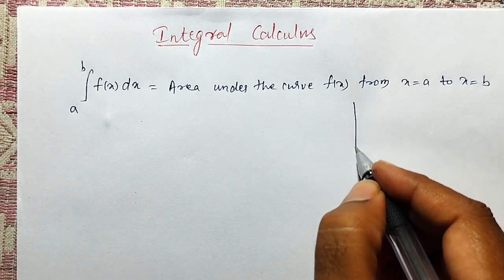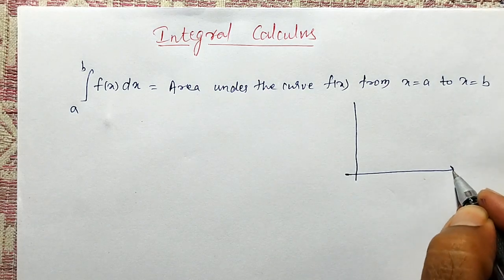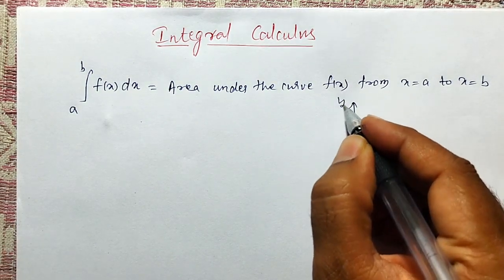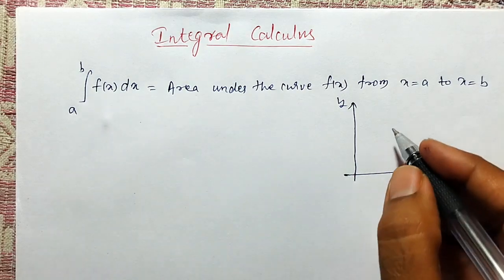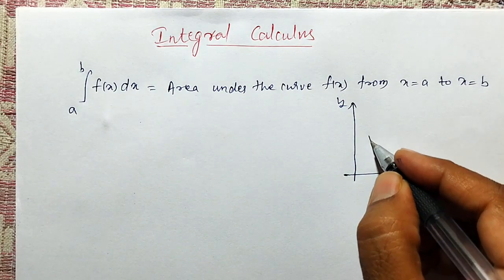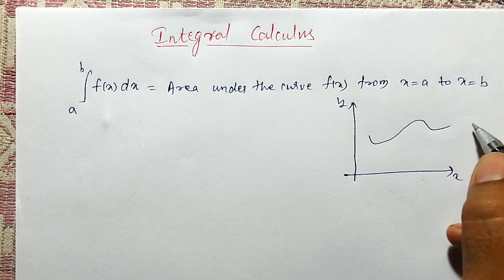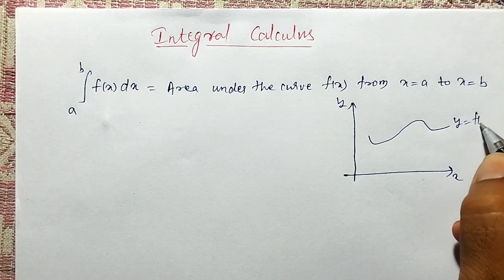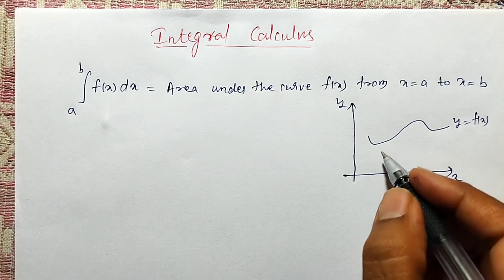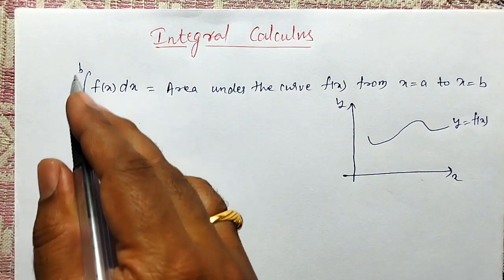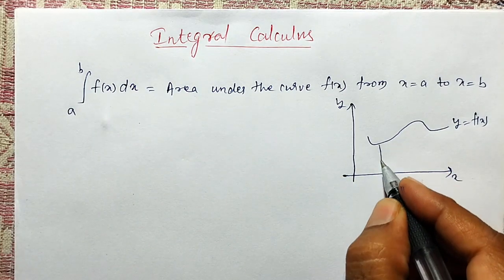Here let me consider the x-axis, y-axis and a curve y equal to f of x. One simple curve. Say y equal to f of x is my curve. And here x equal to a and x equal to b, let me consider them as positive.